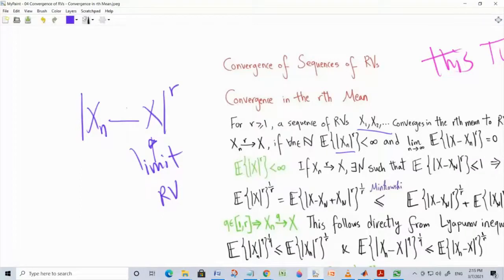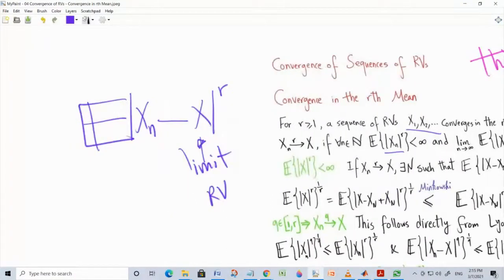So how can we adapt this metric to the context of random variables? One way of doing things is expectation. You compute its expectation so that you crush this into a number that depends on n, and then you need the limit as n goes to infinity of this to be 0.